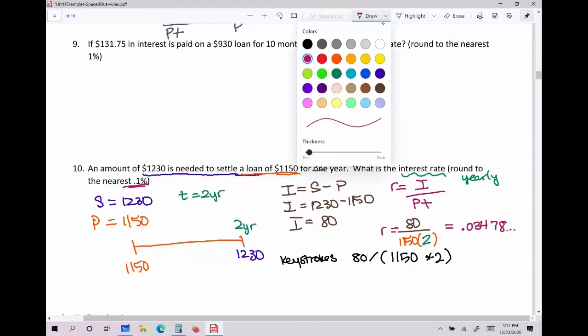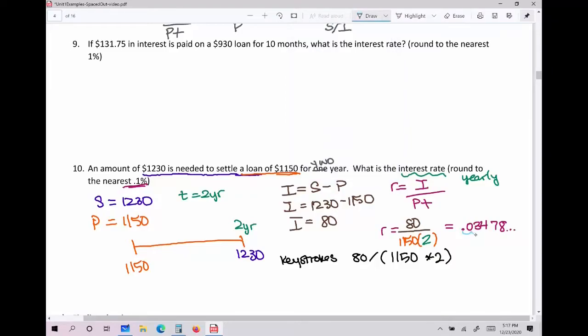So when we convert this to a percent, we take that decimal point and move it 2 spots, and then we really have 3.478%. But we want to round to the nearest 0.1%, so we look at the 7. 7 tells us to round up, so we get 3.5% is our final answer.